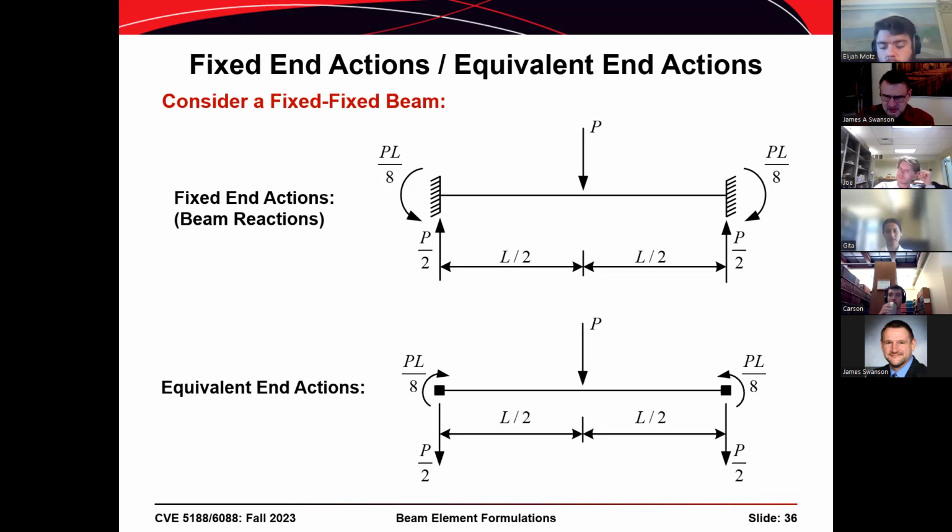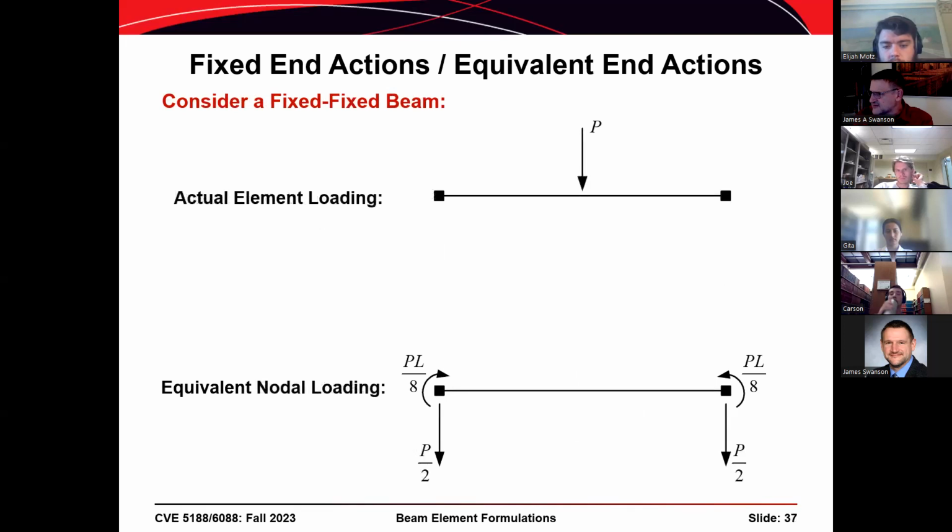So in this case, let me go to the next slide. We have an element with a point load acting at midspan, and we can't handle that in our matrix formulation. There's no way of putting a member load into our matrix formulation because the degrees of freedom and the loads have to correspond to each other.